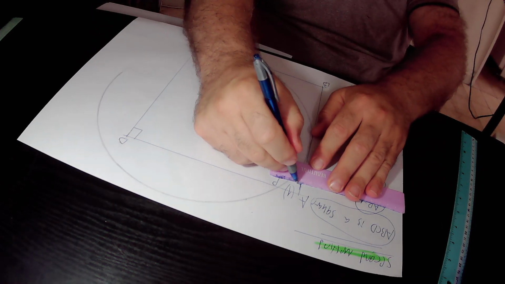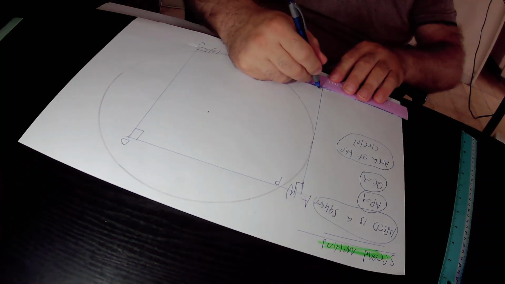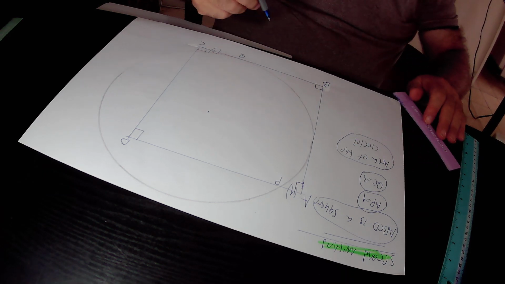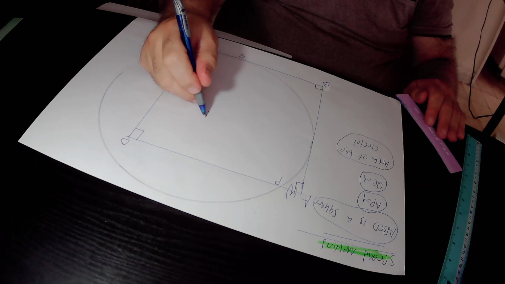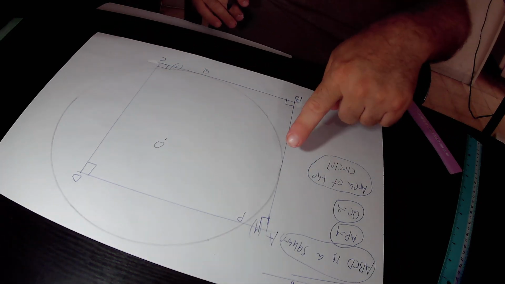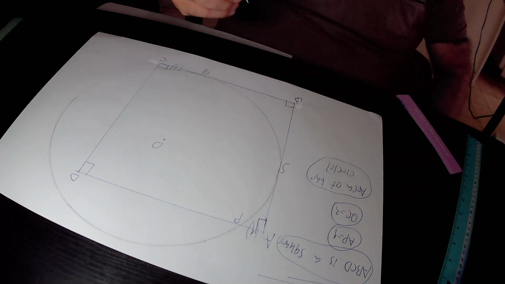This is a right angle. And finally, this is also a right angle. In the next step, we'll define the center of this circle. This point is point O, and we'll define the point of tangency of tangent AB with this circle, this point, as point S.